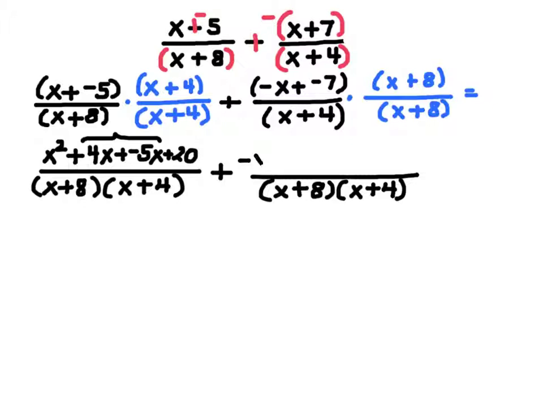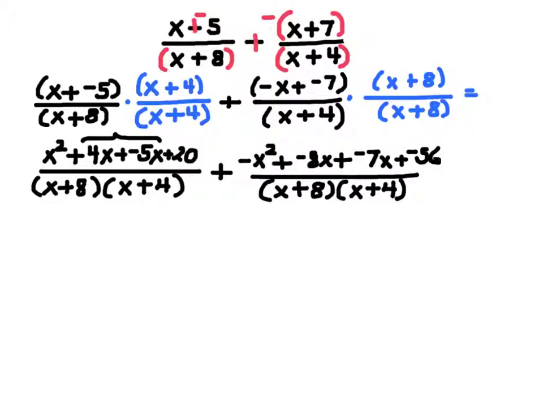That's a negative x squared, plus, I'm distributing, a negative x times 8, and that's a negative 8x, plus a negative 7 times x, and that's a negative 7x. So let's write this 7x there. And then we're going to distribute the negative 7 to the 8, and that's going to give us a negative 56.